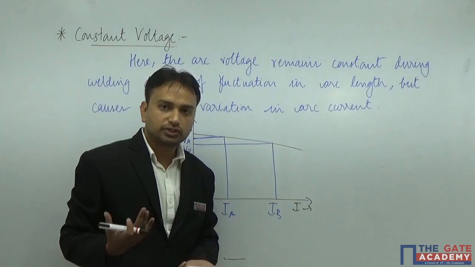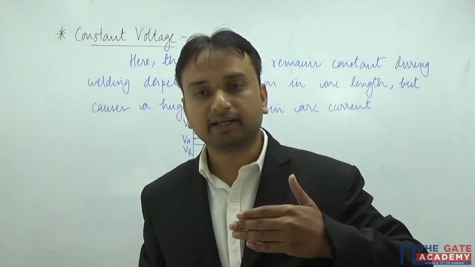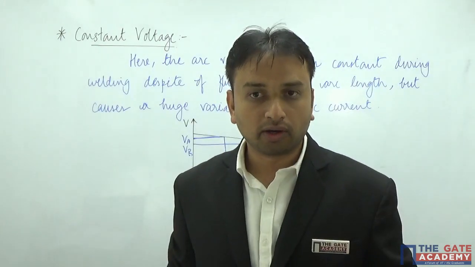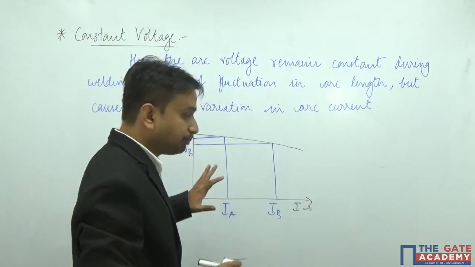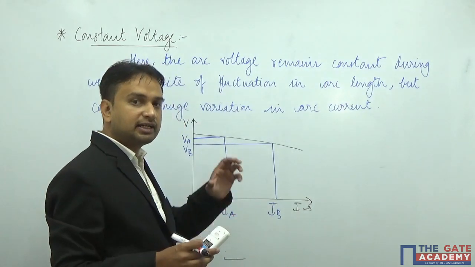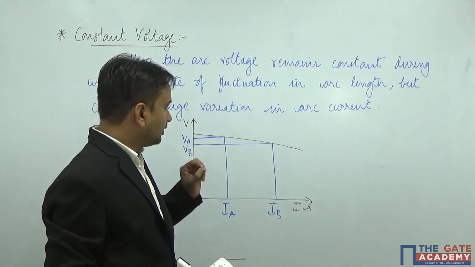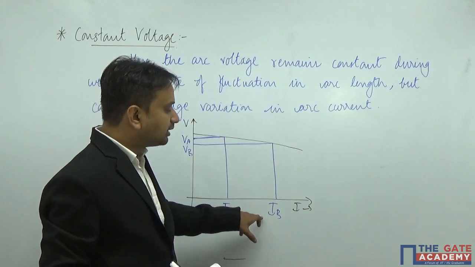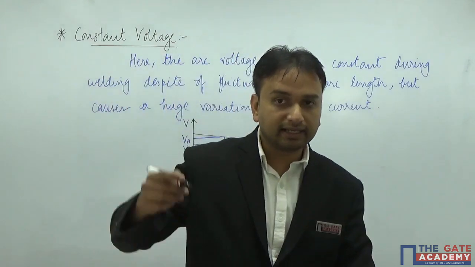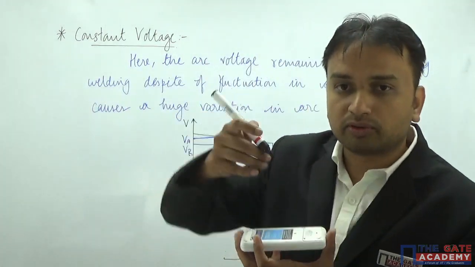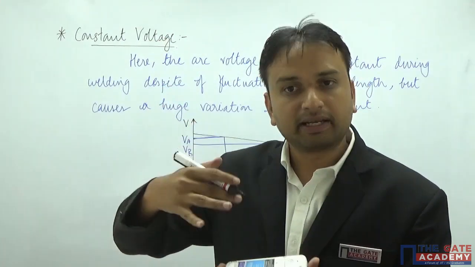So when the voltage decreases and the resistance decreases, what happens to the current? Current is huge. The voltage has decreased, but the current is going to increase a lot according to the characteristic of this power source. The power source has been designed in this way that if the voltage dips even by a small amount, I is going to change a lot. Because the current has increased, a huge amount of heat will be generated on either side, maybe the electrode and the workpiece, depending upon the polarity.